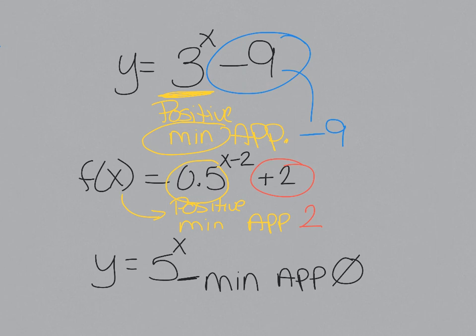If it's positive, it's a minimum. If it's a negative, it's a maximum. Let me do an example of a negative. If I have y equals negative 2x plus 1, then it would be a maximum approaching 1.